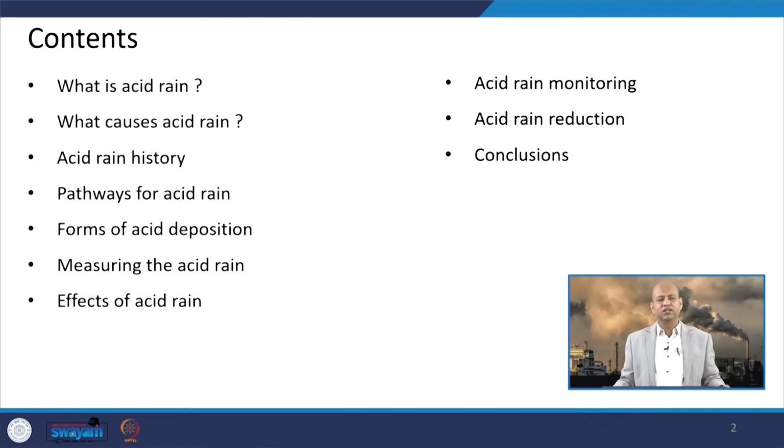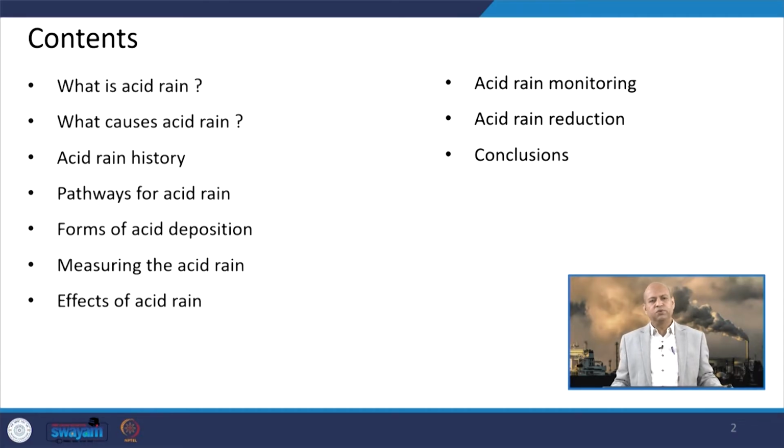So today we will discuss what acid rain is and what causes it, then a little bit of the timeline of acid rain history, and the pathways responsible for it, then different forms of acid rain like wet deposition and dry deposition.